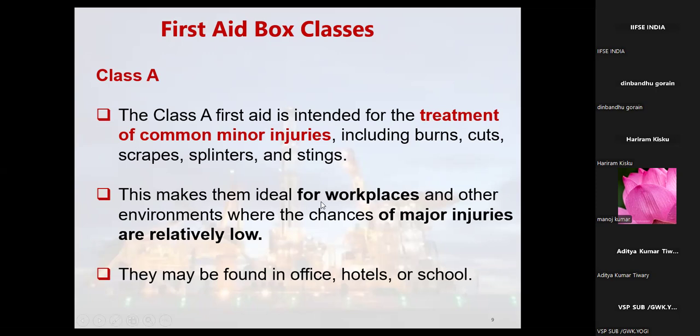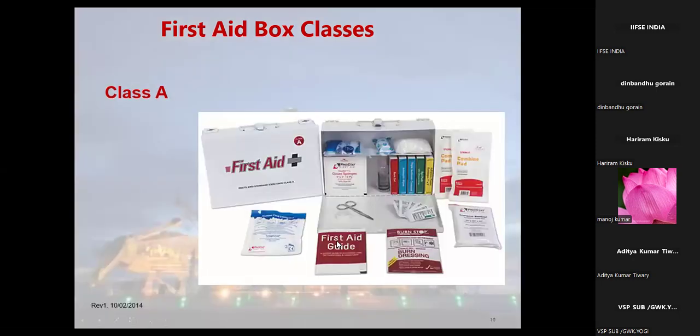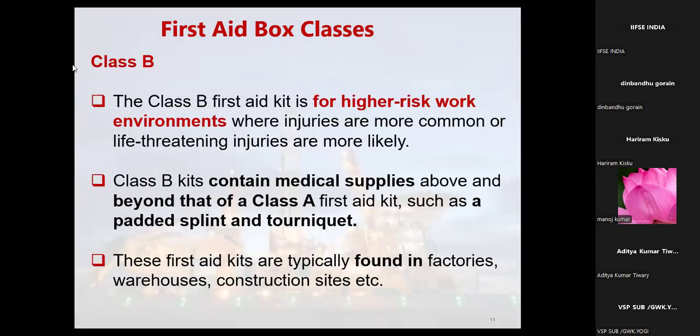This makes them ideal for the workplace, but not for major injuries. For offices, schools and other places, type A is very good. It has minimum things, not maximum.